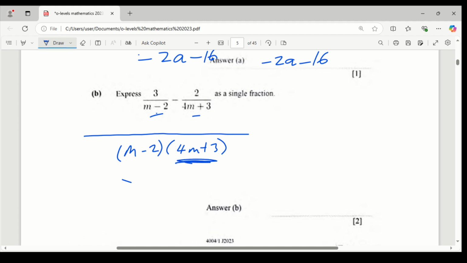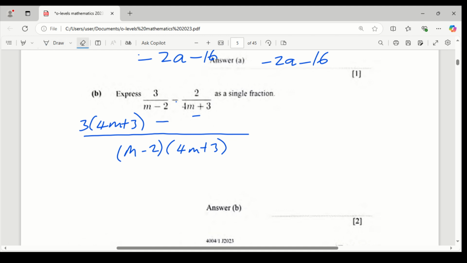So 4m plus 3 multiplied by 3, we're going to get 3(4m + 3). Then we put our negative sign there, our initial sign. So we just retain our negative sign here.